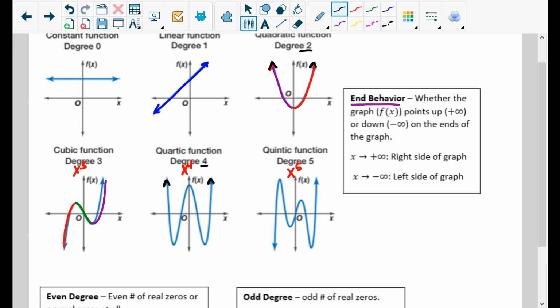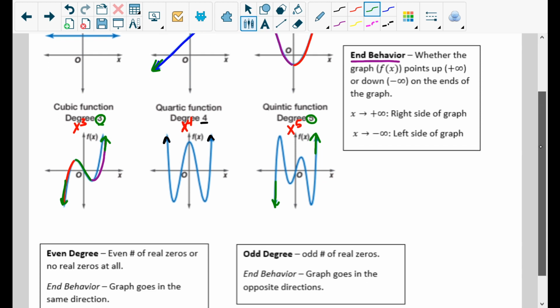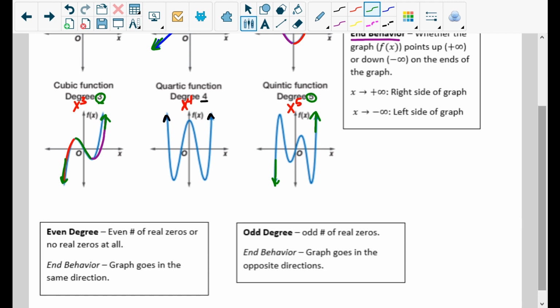Now if you look at your odd degrees, 1, 3, and 5, you can see my ends are going opposite directions. Here on the 3, it's going down to the left, up to the right. On the 5th, down to the left, up to the right. So it's always going to be opposite. That's talking about your even and odd degree. It deals with your end behavior.